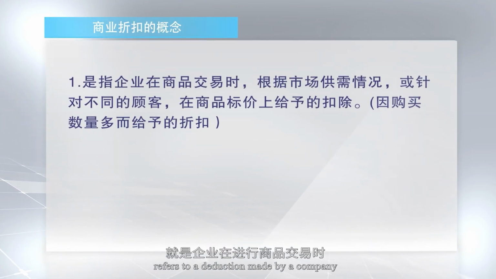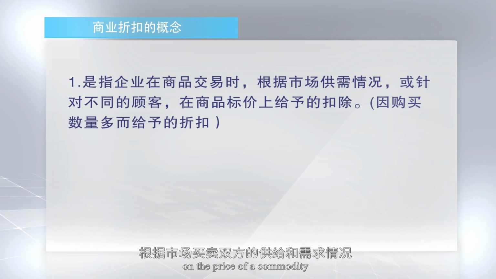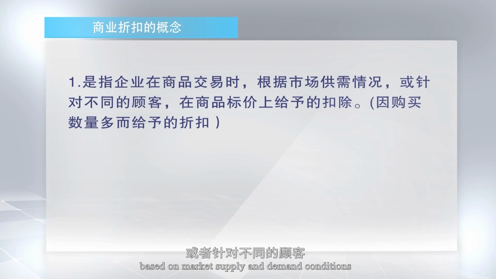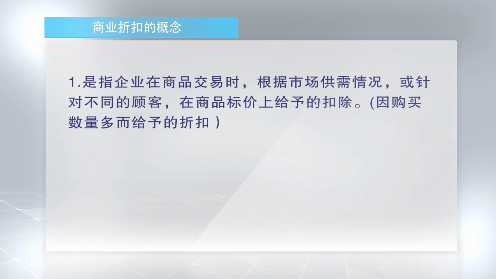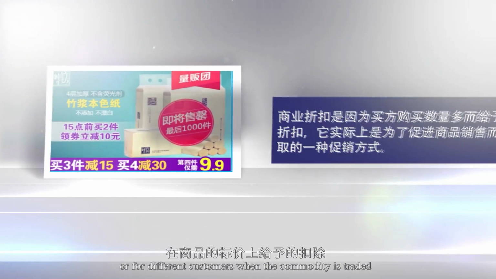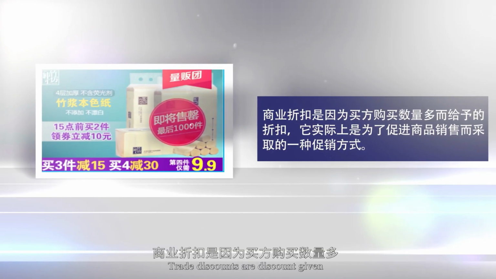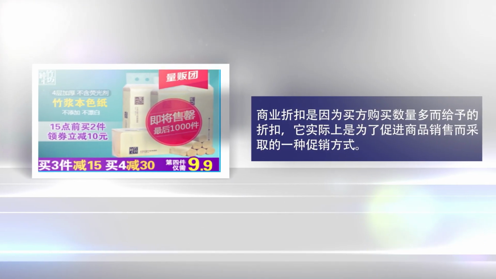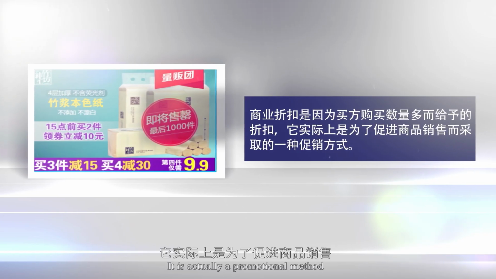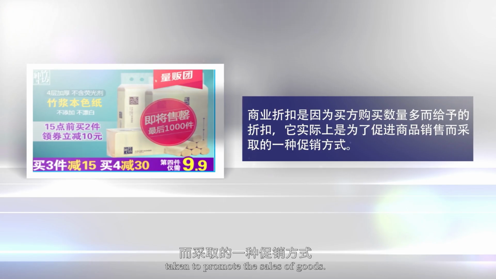Trade discount refers to a deduction made by a company on the price of a commodity based on market supply and demand conditions, or for different customers when the commodity is traded. In other words, trade discounts are discounts given for large purchase quantities. It is actually a promotional method taken to promote the sales of goods.